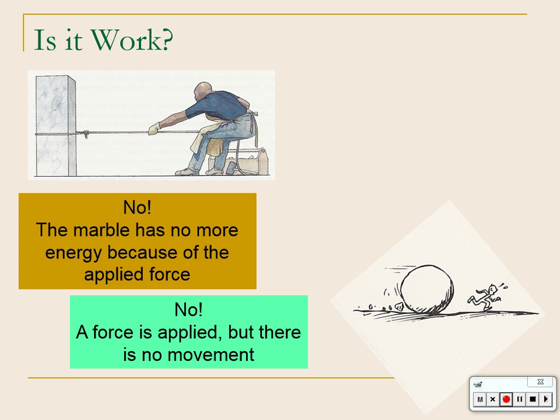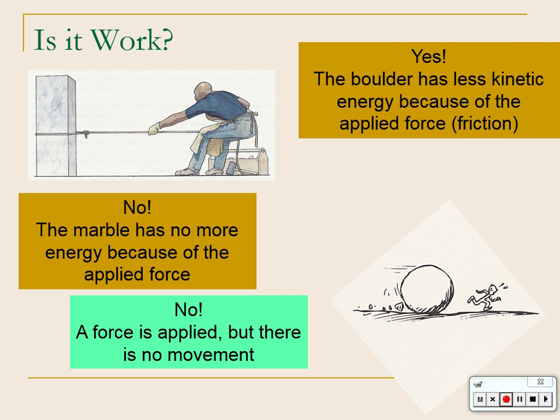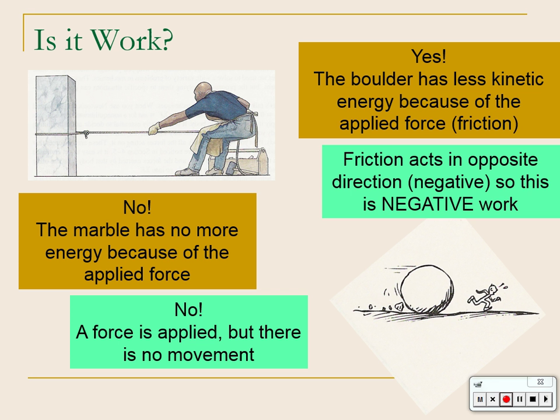And we distinguish those two, right? Okay? So, is work being done here? Yes. That boulder has less kinetic energy because of the applied force. And so we say that there is negative work being done.